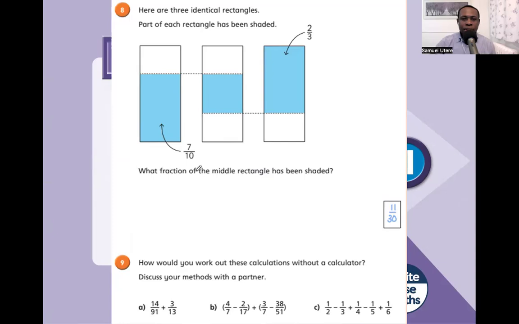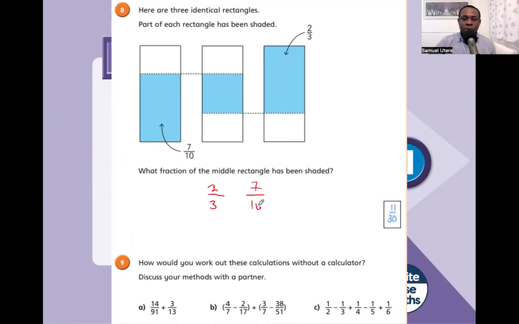and we have 7/10. So if we want to work out the part that's not been shaded, we can simply do the equivalent fractions for 2/3. So we do 2/3, and we have 7/10.